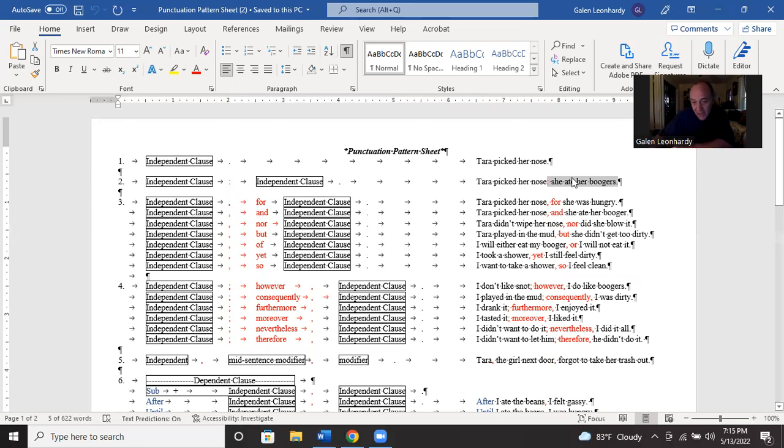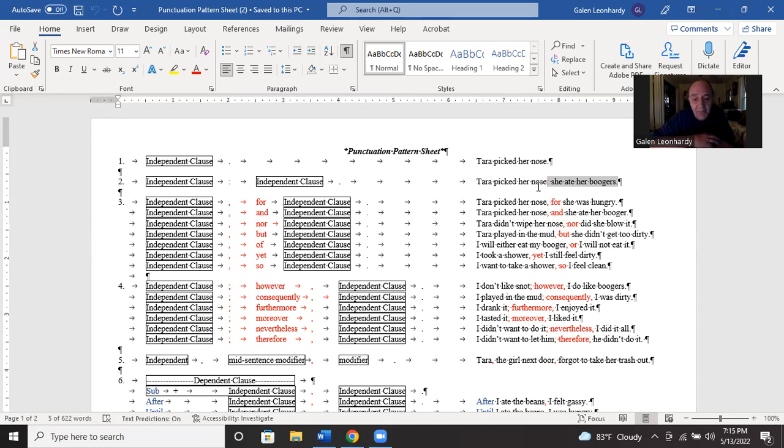Okay, let's go back to this. So the content, right, the clause or the sentence that follows a colon must be a necessary consequence of the preceding information. For Tara, eating her boogers is a necessary consequence of picking her nose. Now, I don't know about you, but that's not the way it is for me, right? I would have written this this way.